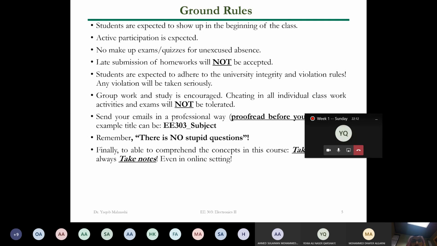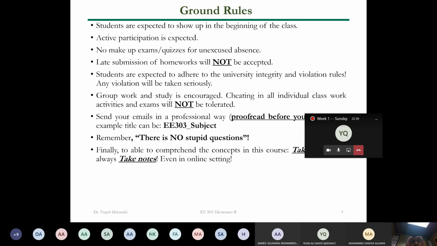Actually, this is an online setting, so usually I feel alone in the office talking to myself. That's why I need you to be active. I need to hear your voices from time to time. Maybe sometimes I ask you to write something in the chat. So active participation is expected, and it will help me and you to go over the course in a good way, inshallah.